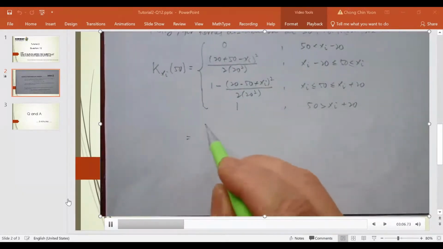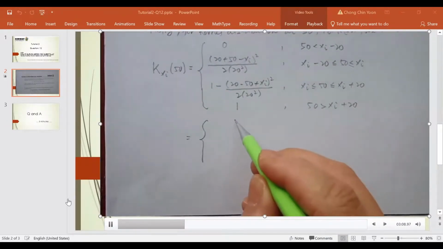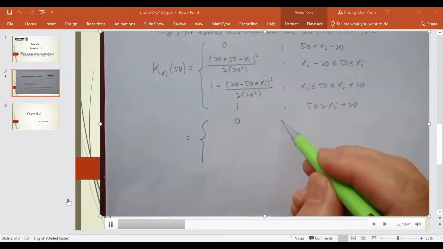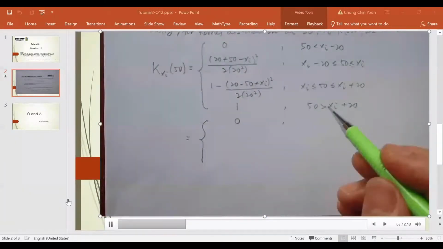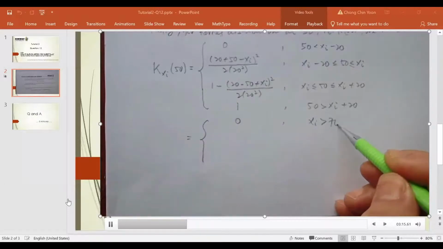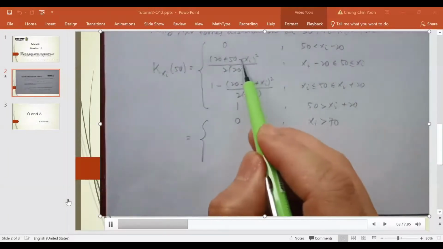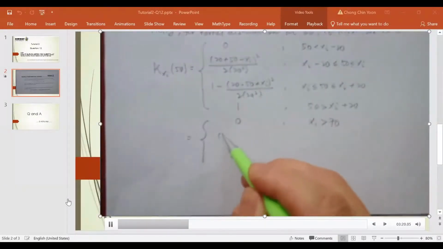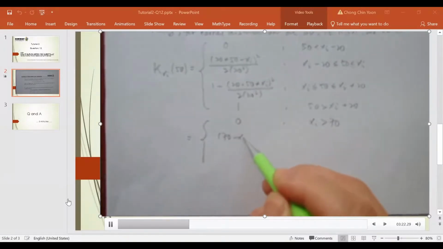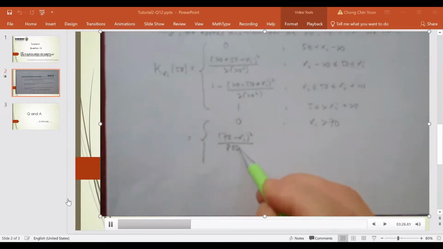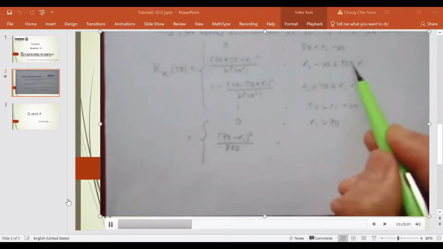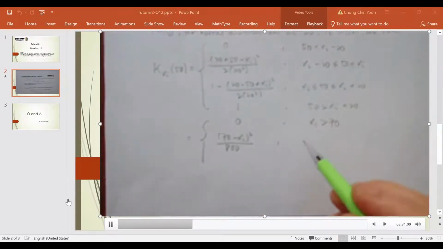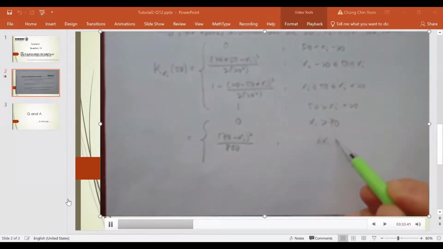This is 0 when xi is greater than 70, and this is equal to 70 minus xi squared, divided by 800, at this interval, which can be simplified where xi is bounded from 50 to 70.